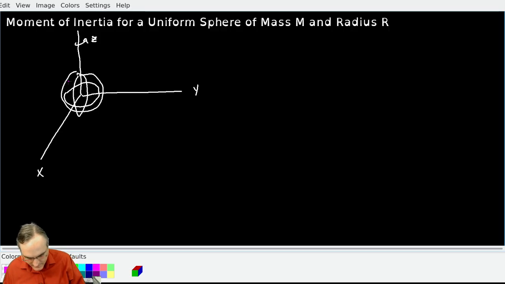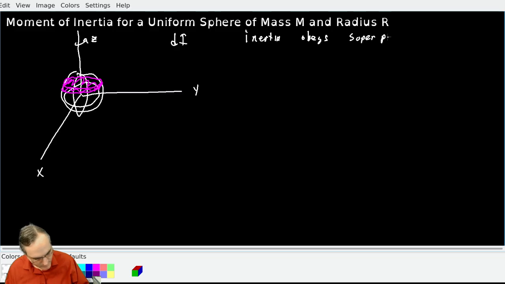We are going to build the spherical shape out of a bunch of disks. And the reason why we're choosing to do this is that moment of inertia obeys superposition. So let me type the rest out.